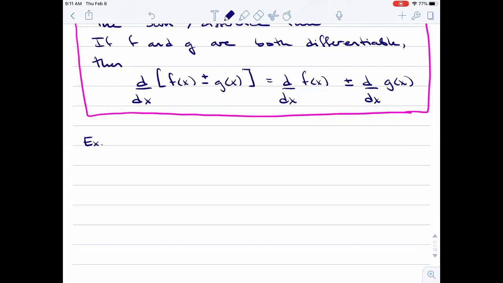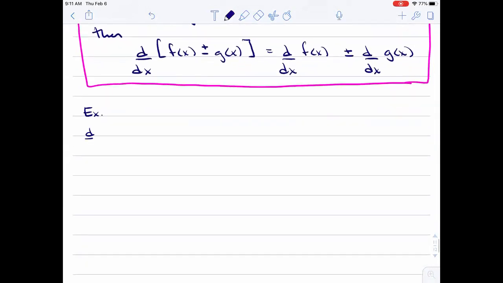So let's have an example here. If I ask you to find d dx of x to the 8 plus 12x to the 5 minus 4x to the 4 plus 10x to the 3 minus 6x plus 5.